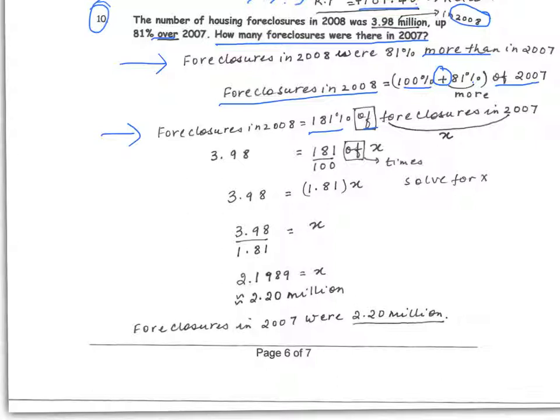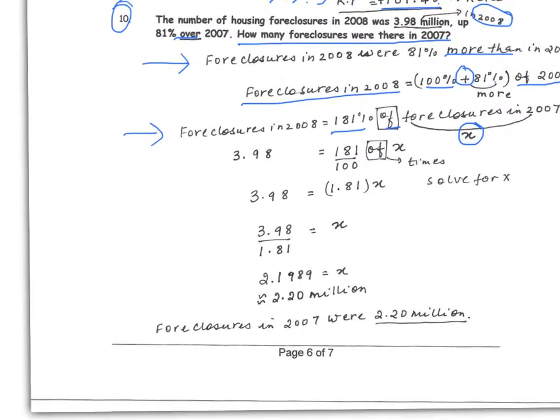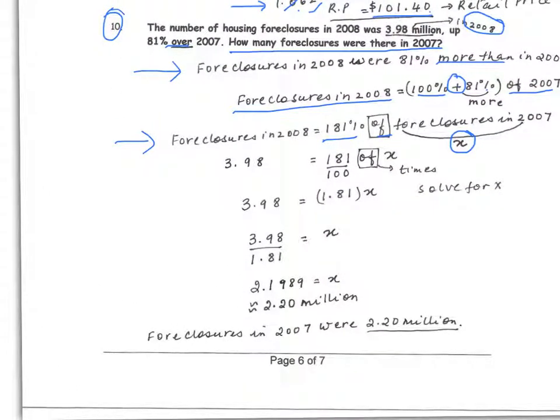So if we don't know what the foreclosures in 2007 are, then we write it as X. The foreclosures in 2008 are given to be 3.98 million, and that is equal to 181%, so the fraction is 181 over 100, of the unknown, which is the foreclosures in 2007.